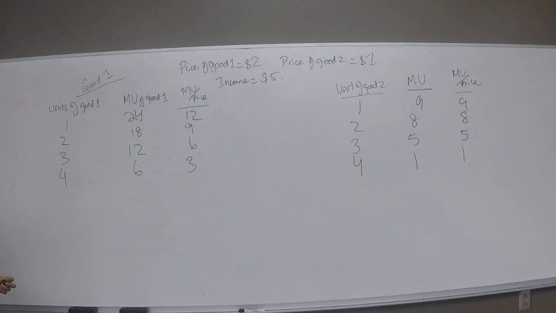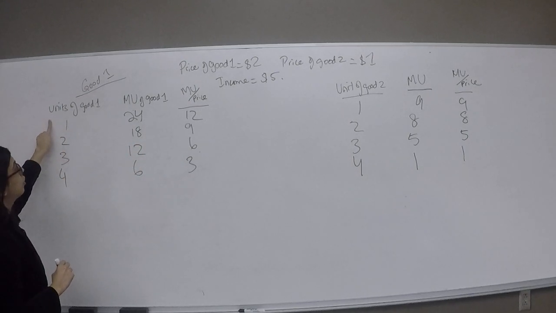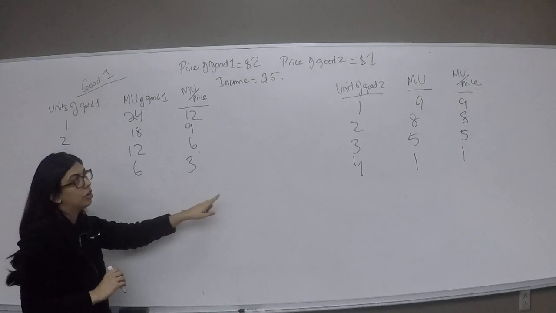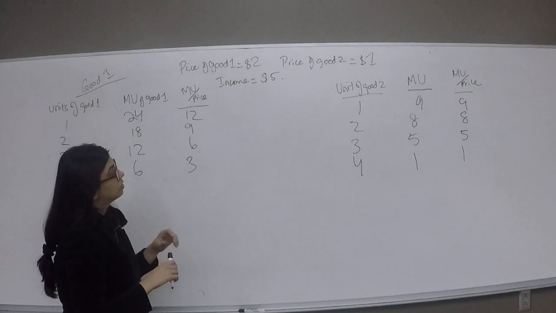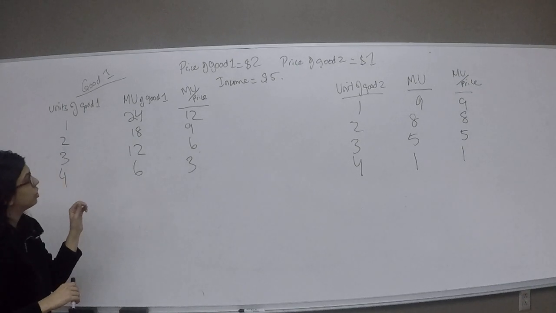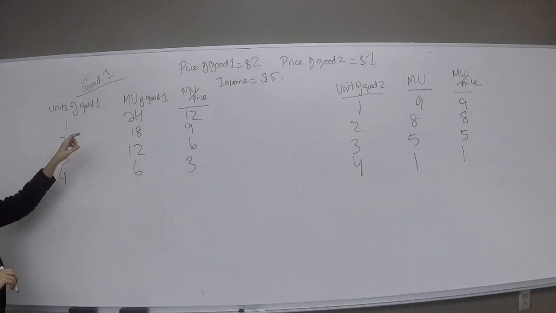So they have $5 to spend. How many of good 1 are they going to buy and how many of good 2? For their first dollar, are they going to choose good 1 or good 2?